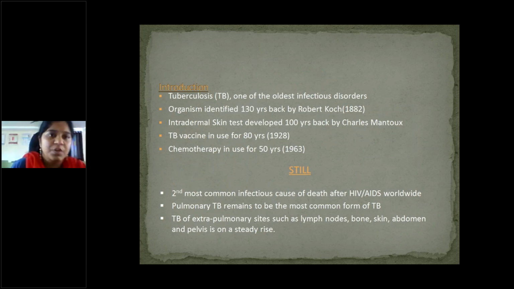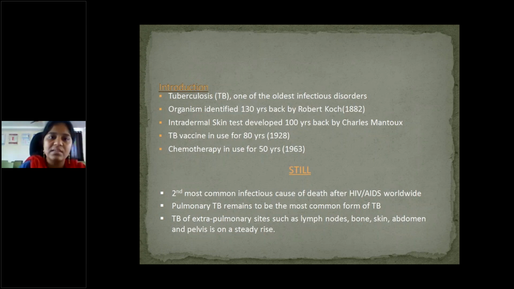Introduction. Tuberculosis, as we all know, is one of the oldest infectious disorders. The organism was identified 130 years back by Robert Koch in 1882. The intradermal skin test was developed 100 years back by Mantoux; that is what we call the Mantoux test. This intradermal skin test is not only used for tuberculosis.